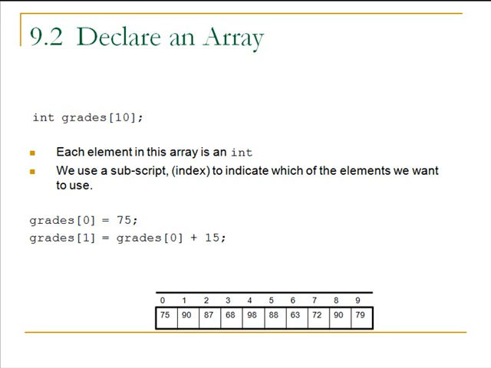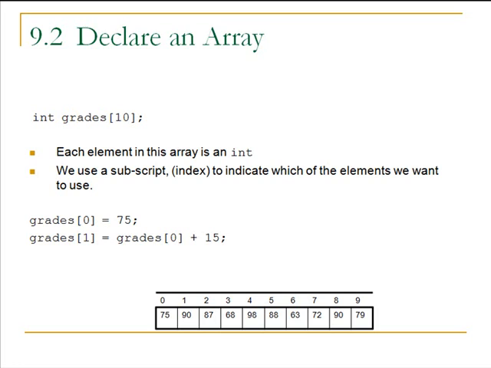So, for example, the first one in the array is grades sub 0. This is the first thing to remember about an array. In C, the first one is always at subscript or index 0. If we have an array of 10 elements, the subscripts range from 0 to 9.